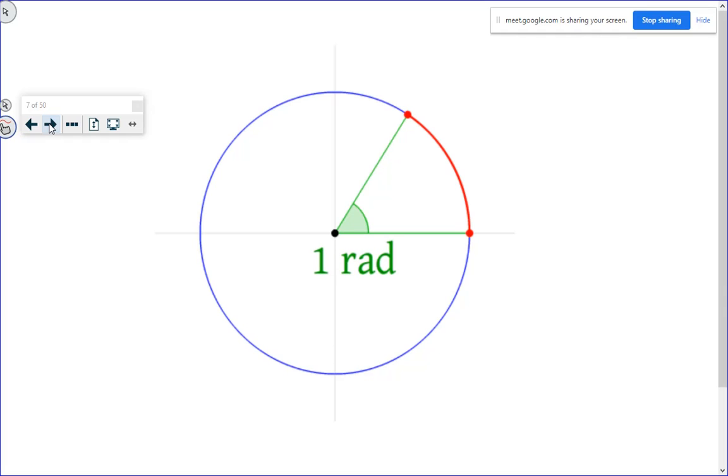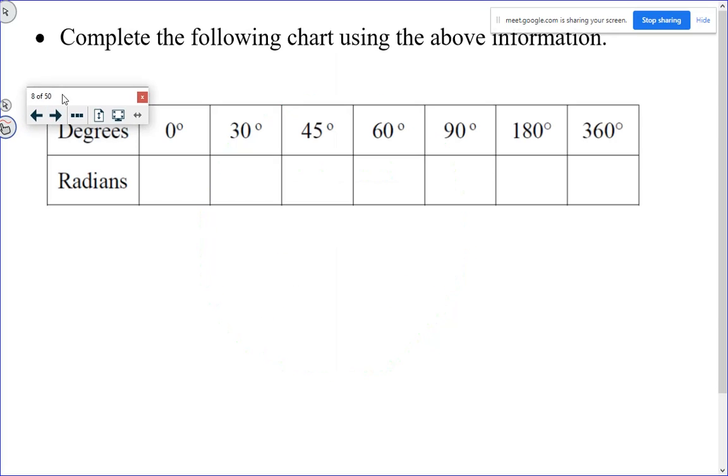The angle from the very beginning to the end is 2 radians, and that's 3 radians, and then if you add a little bit more, you get pi. So how much more do you have to add to 3 to get pi? 0.14. And you're going to get used to this. So now we have a question. We're basing this all on the idea that 180 degrees is pi radians.